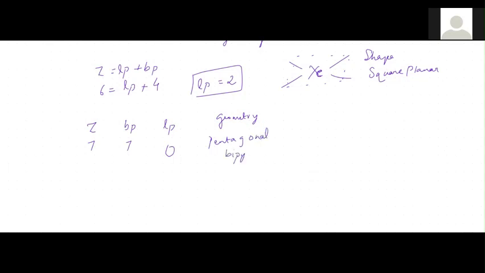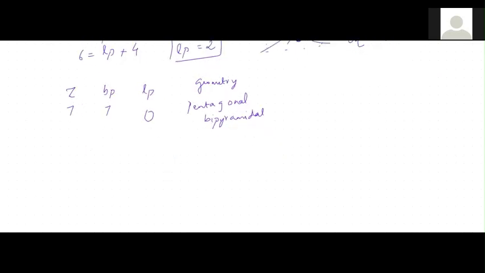From Z value 7, not much is asked, but we have to be prepared. So the pentagon we will draw first. Pentagon, okay.